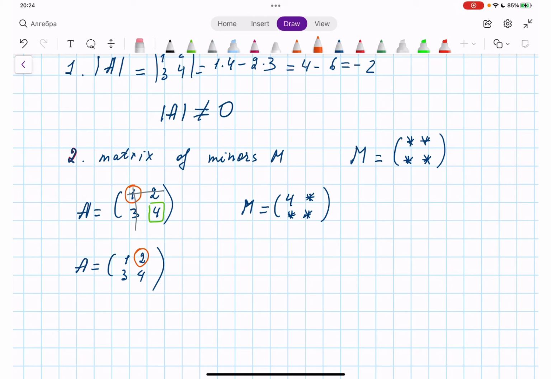We can mentally cross out the row and column where this element is located. So we have 3 left there. So from here, in the matrix of minors, we are placing 3 in the first row.